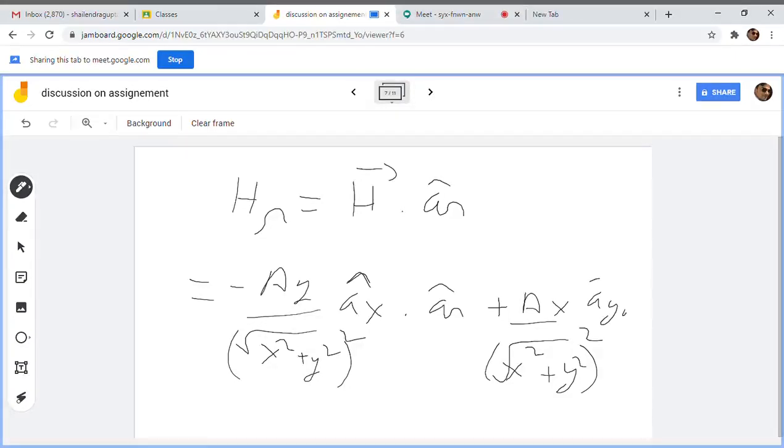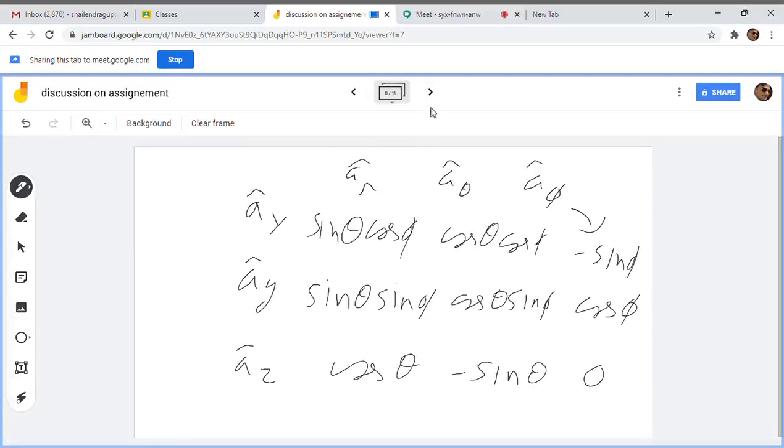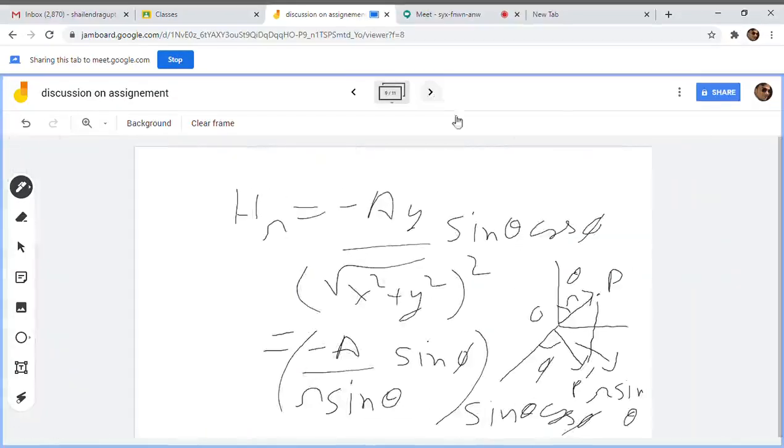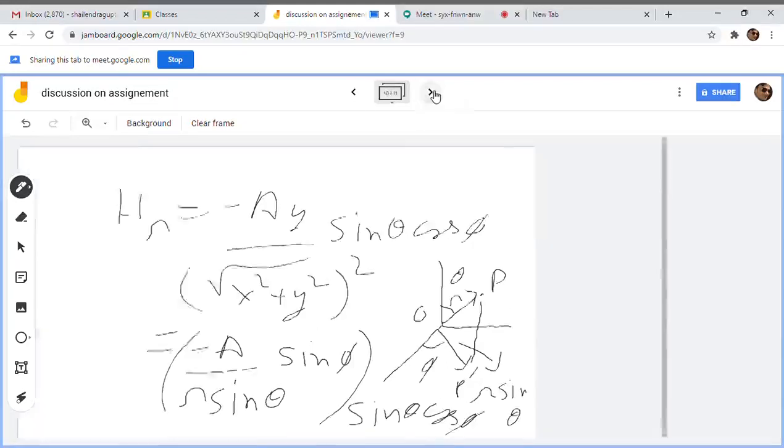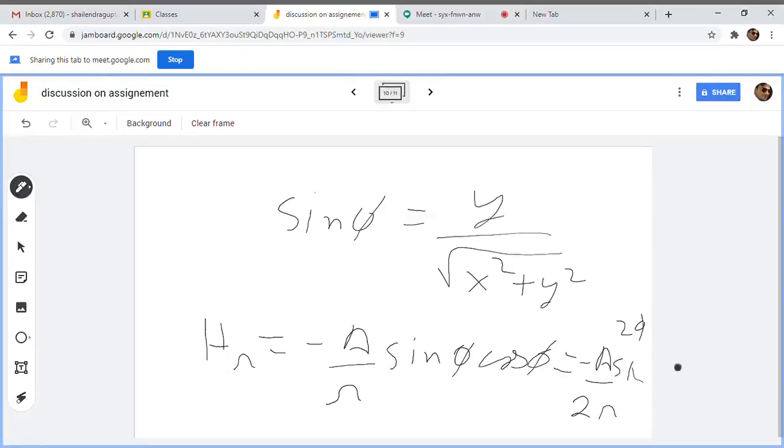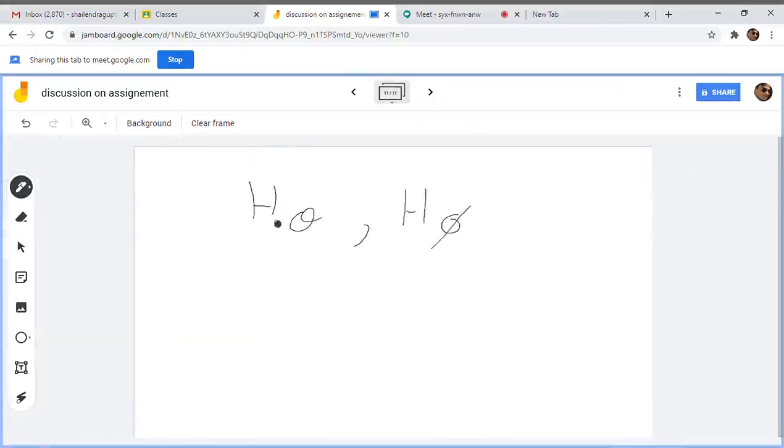So AX component dot with ar and AY component dot with ar. I have done just the first part of HR using this matrix. You have to find the second term as well, and then find H theta and H phi.